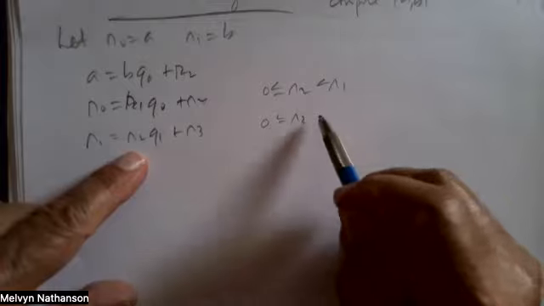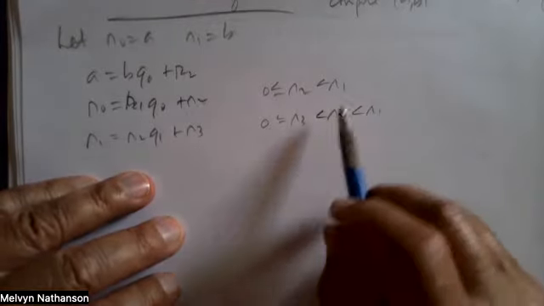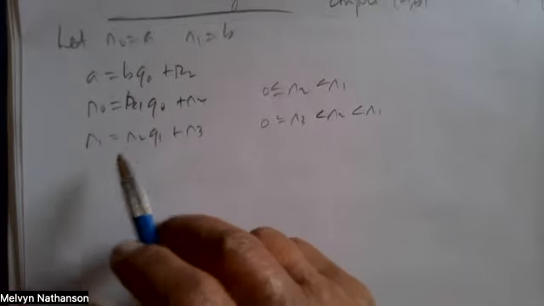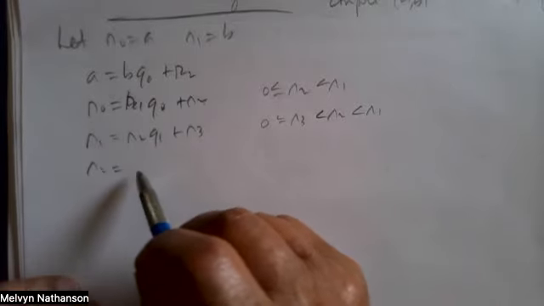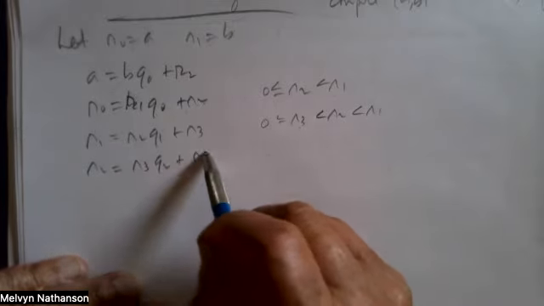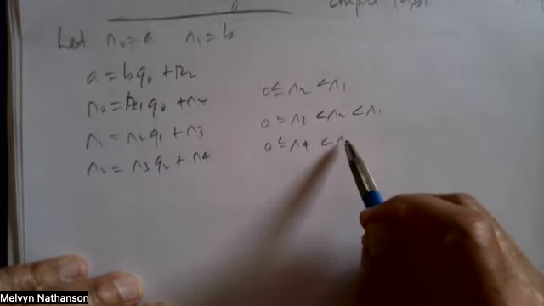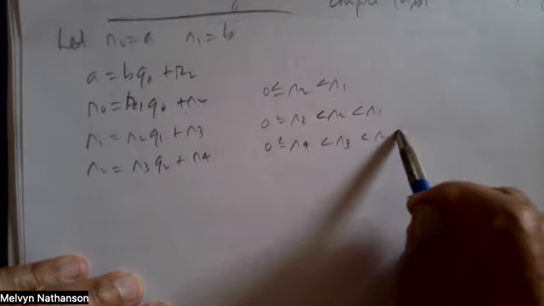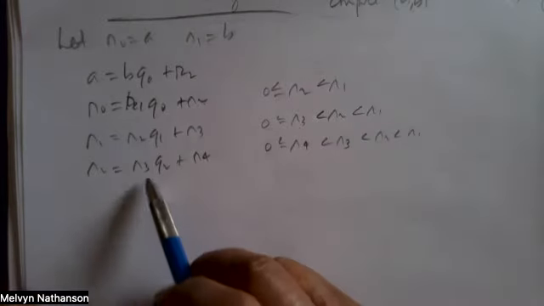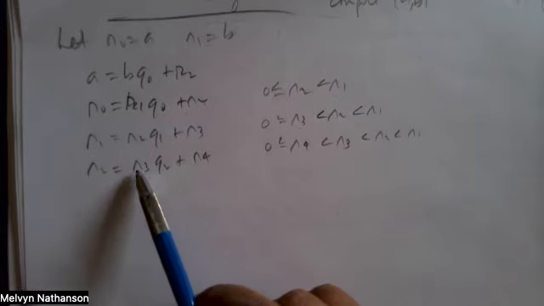And R3 is less than R2, which of course is less than R1. Take R2, so long as the remainder is positive, divide it by R3, and you get a remainder R4, which is less than R3, which is less than R2, less than R1. And keep dividing the quotient by the remainder.